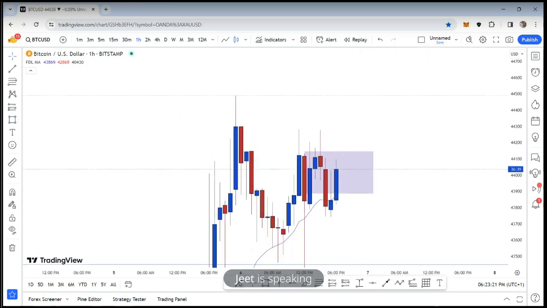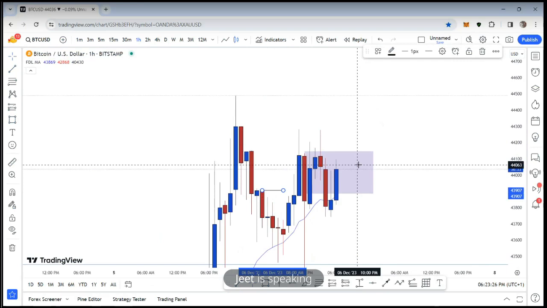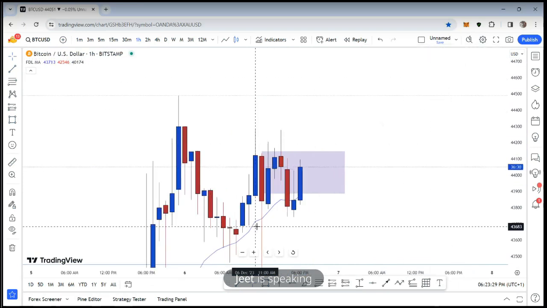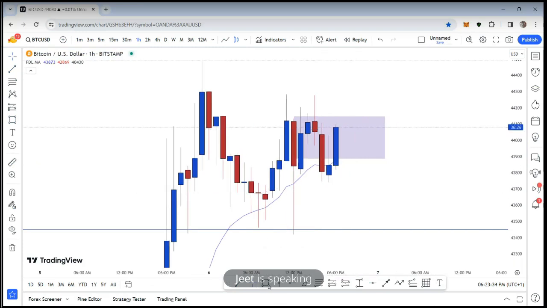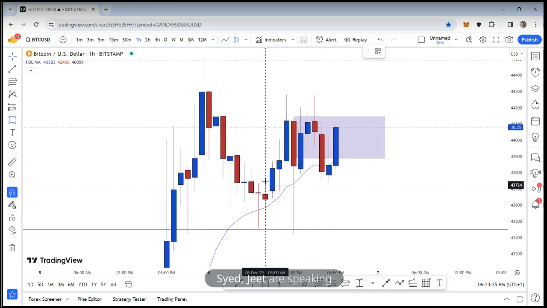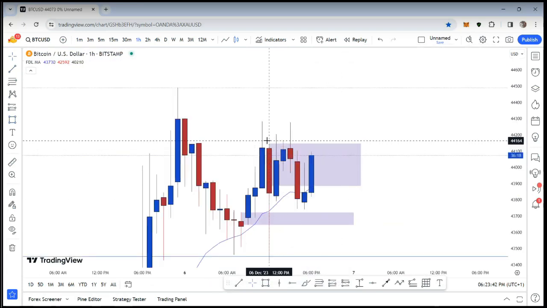Note that price had cleared this liquidity from here. And as such, price wanted to come and retest the engulfing buy that is here, right?